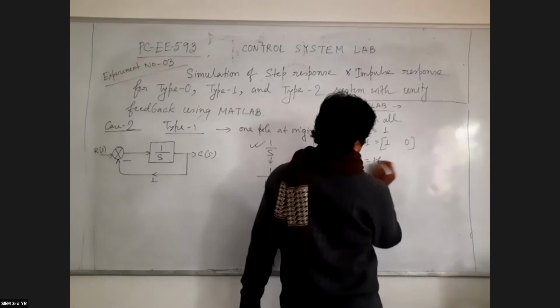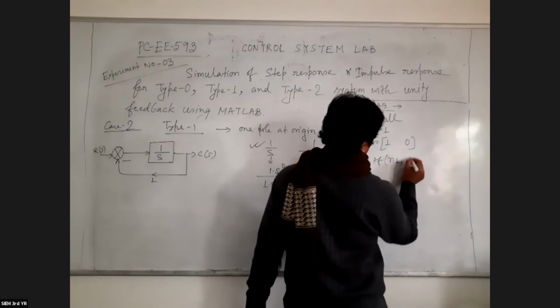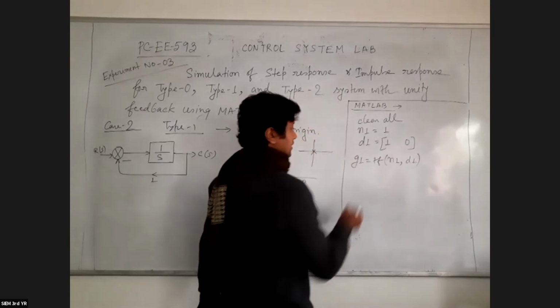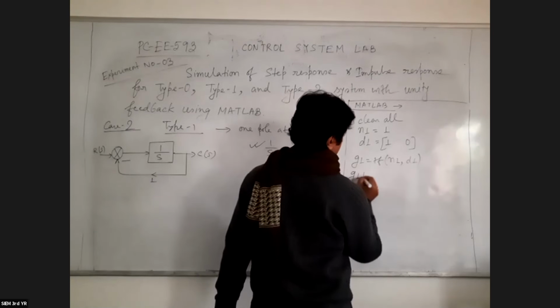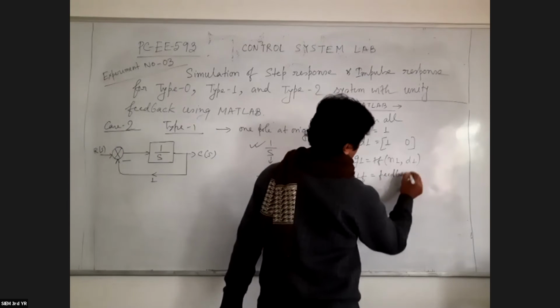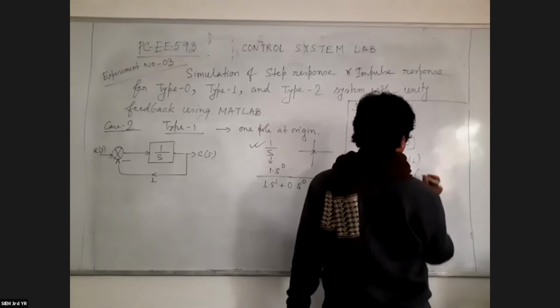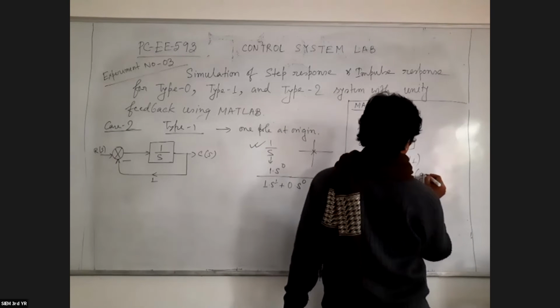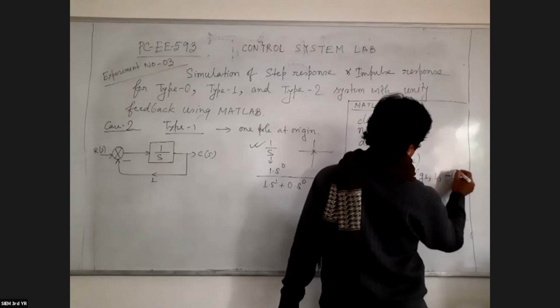g1 equals tf a1 comma d1. Similarly, g1f equals feedback g1 comma 1 comma minus 1.